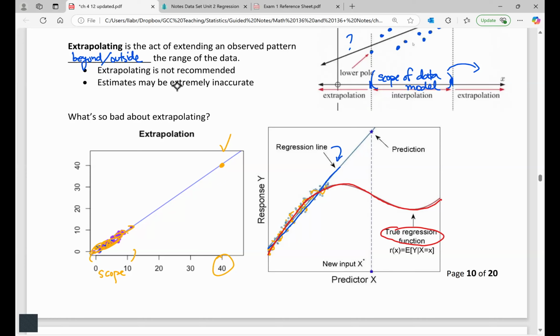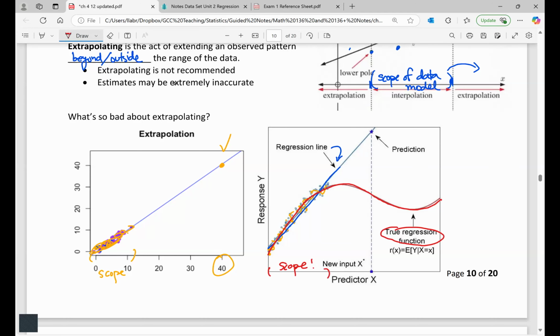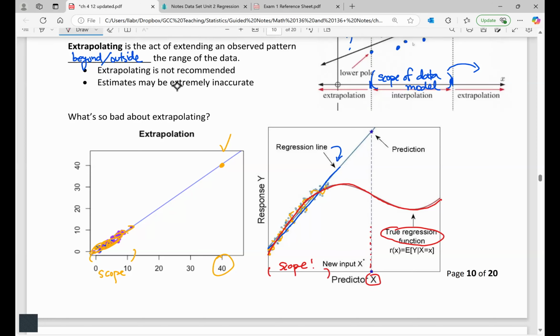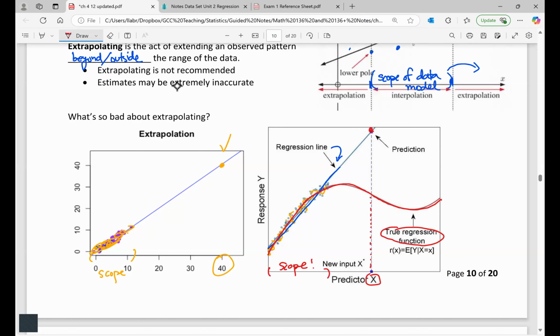Now, based on the data that I observed in orange, the blue line does a good job of explaining that pattern. But that's because we only had access to the data in here. This was the scope. If we have a new predictor that's outside and you're using the regression line, then you're going to get a prediction that's way out here.